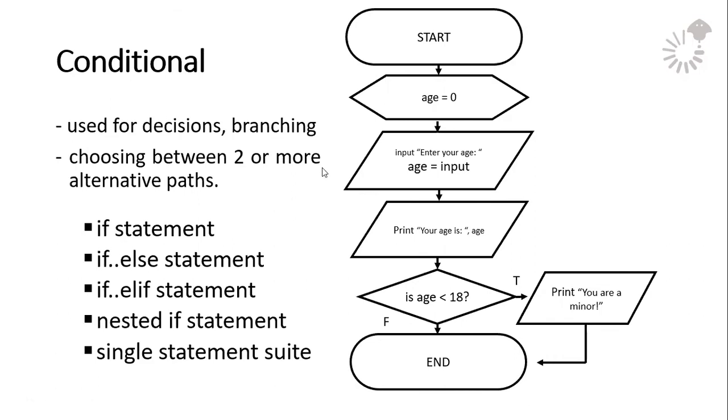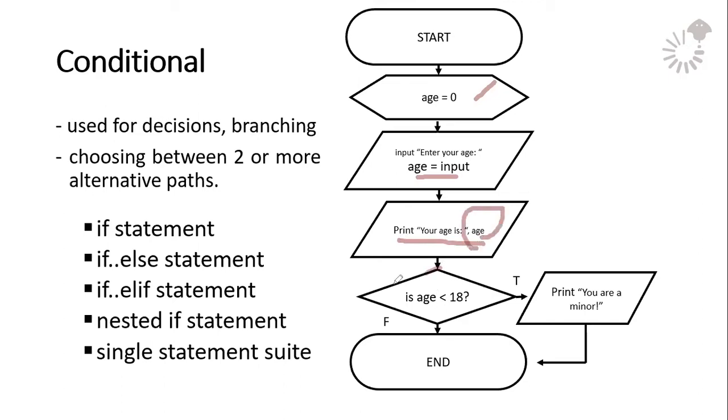So we have a given flowchart here. Start, age 0. Initial value is 0. Input, enter your age. That goes to age. Then after we get input, we print your age is, and then display the age.